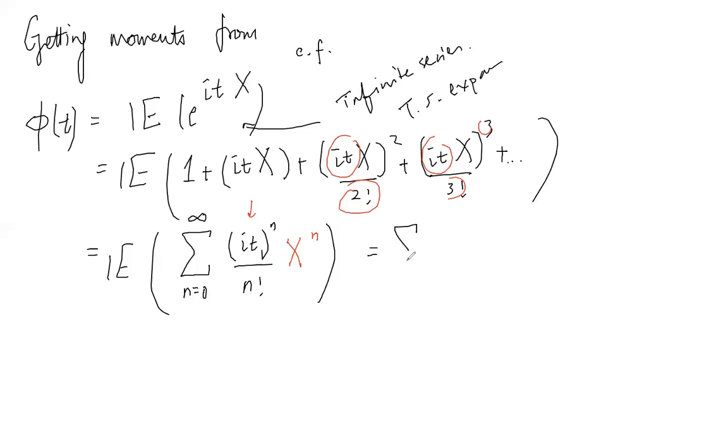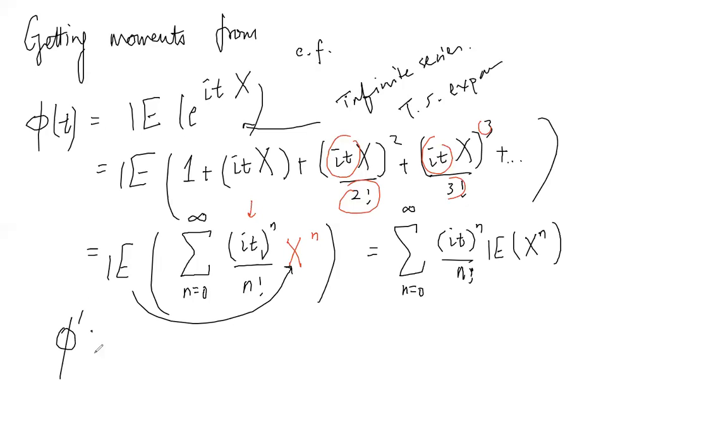Of course, you can move the expectation sign to be with the random variable, because the rest are just basically constants. So you have n factorial, E of X to the power of n. Now if you take the derivative with respect to t, what will you get? When you take the derivative with respect to t, this is a more compact representation, but actually you can work on this as well.